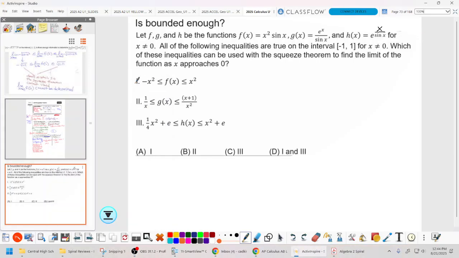Guys, once you've done these a few times, you can kind of start to see that as we approach 0, we have 0 bounding f. And so obviously that one works. Why does this one not work? Because they're not the same. Or they won't both equal 0. Well, and the limits are not defined, right? Like this one, 1 over x.